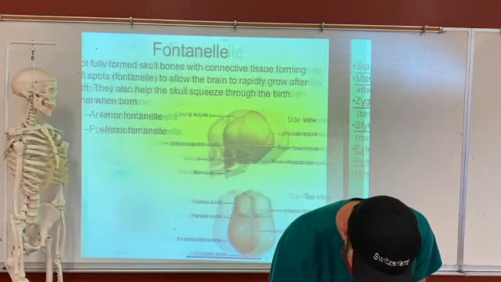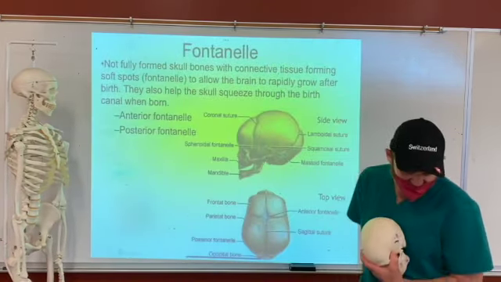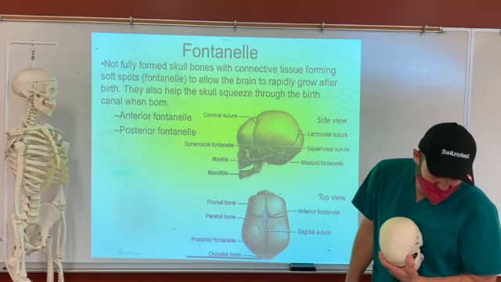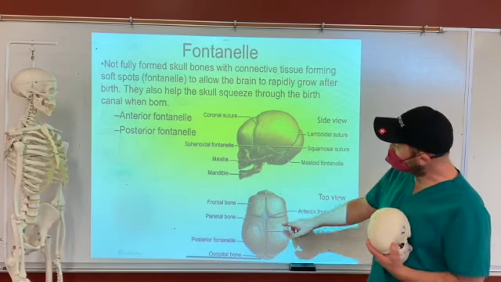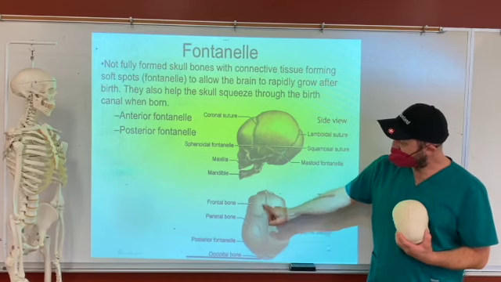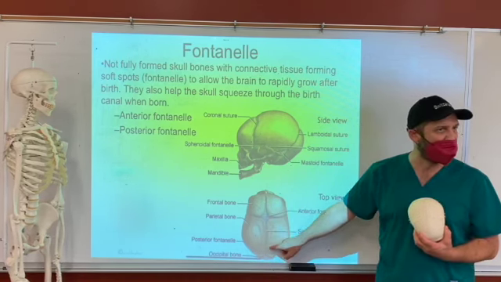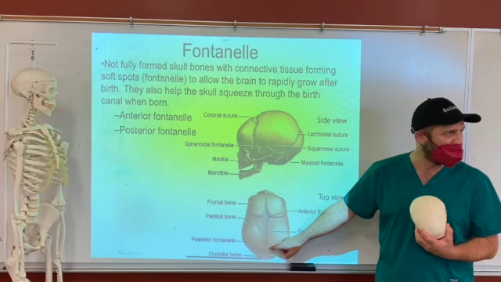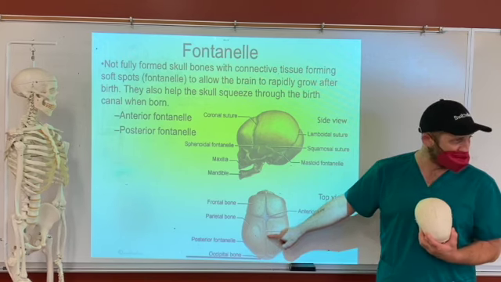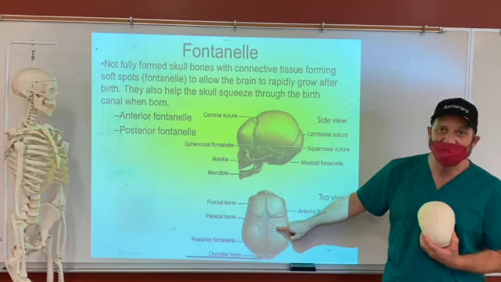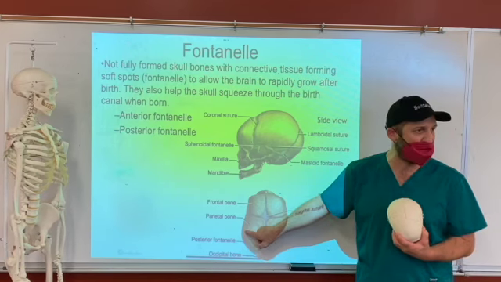So from there, I want to talk about the fontanelles. We really don't have fontanelles on the list, but when we look at these connection plates in baby skulls, fresh, just born, they're not formed yet. So these skull plates are being formed right now.